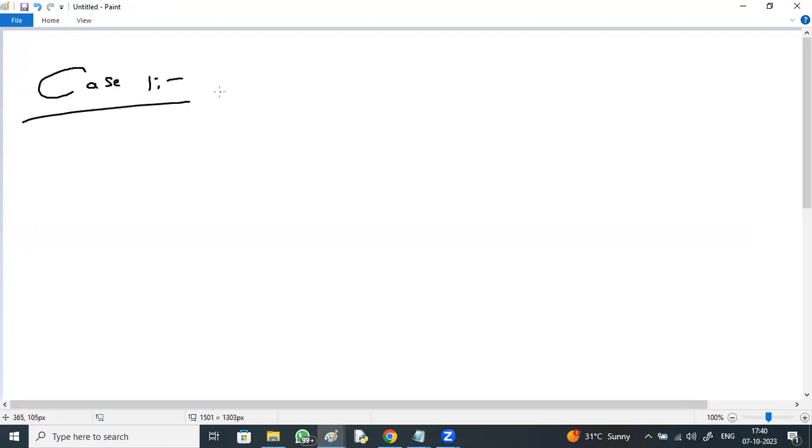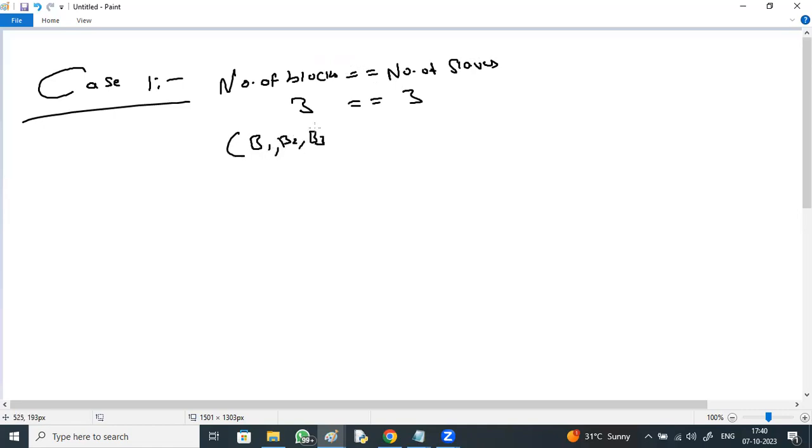Case 1: if the number of blocks is equal to the number of slave systems, 3 blocks, 3 slaves.